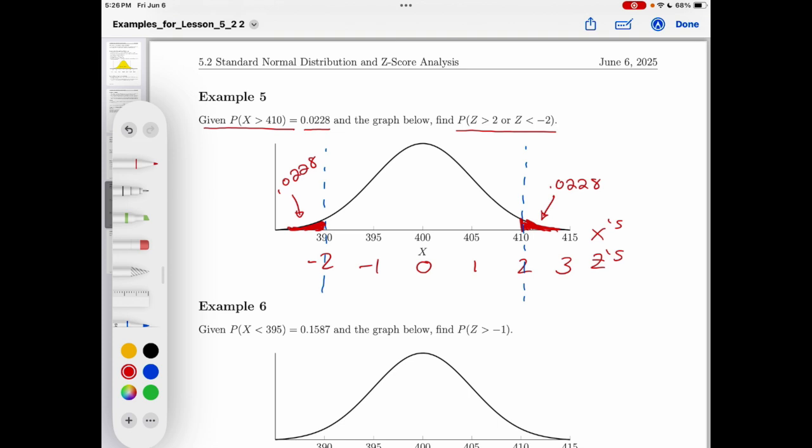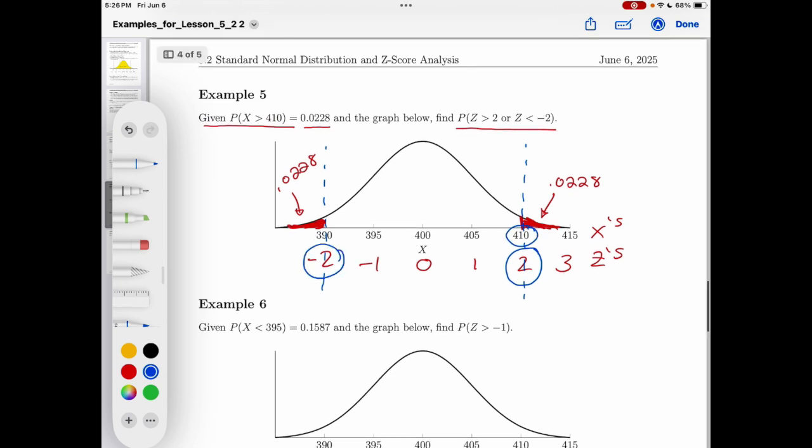Now we're trying to find the probability that z is greater than 2 or z is less than -2. Since I know that z is equal to +2 corresponds to 410, and z is -2 corresponds to 390, and we know those shaded areas, all I have to do is add up those two probabilities.